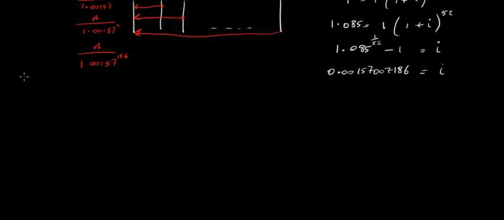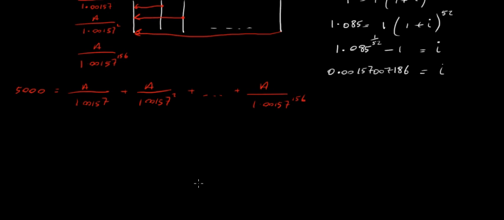We know that 5,000 euros is going to be equal to A over 1.00157 to the power of 1 plus A over 1.00157 to the power of 2 plus, and so on, out to the end, A over 1.00157 to the power of 156. Now this again is a geometric series.